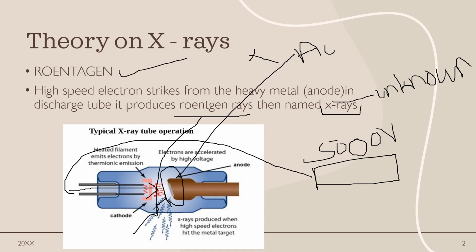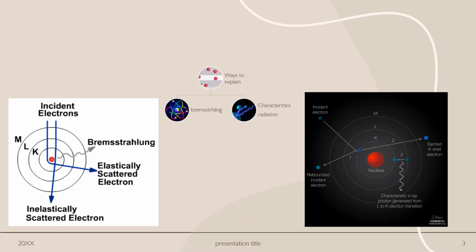This experiment was held in a discharge tube. There were two ways to explain X-rays. The first is known as Bremsstrahlung radiation and the second is known as characteristic radiation.